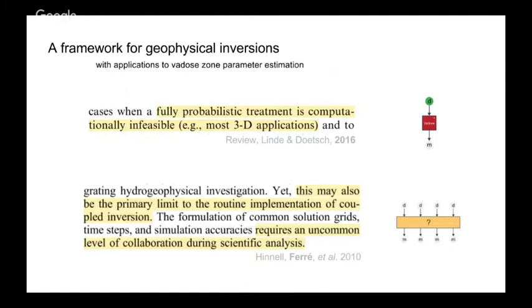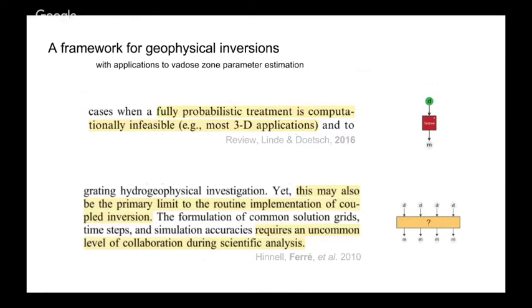And the second was trying to attack this primary limit to the routine implementation of integrated geoscience inversions. And how to do that is to look out to the interdisciplinary community and ask how they build these things. And that is through the definitions of frameworks and the standards of the components and the interfaces.